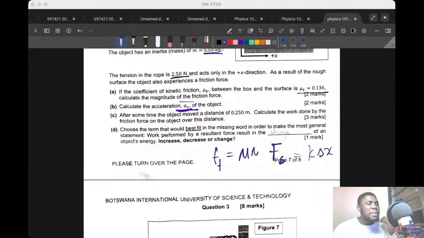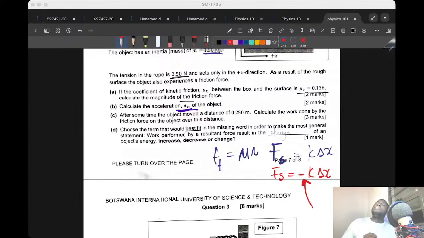We don't like springs that fight back, but they always do. And the force that springs exert is going to be negative K delta X. This is the force by a spring. In other words, if you are finding the force put on the spring, it is K delta X, and if it is the force by a spring, you put negative K delta X.